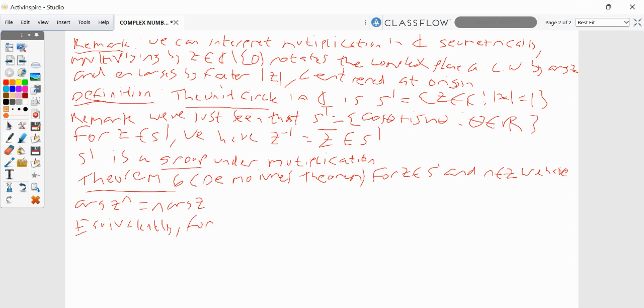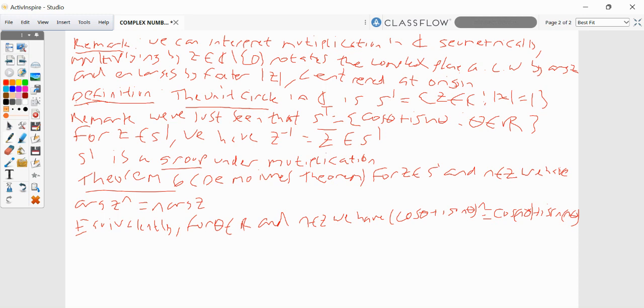We have for theta in R, and n in Z, cos theta plus i sin theta to the power of n is cos n theta plus i sin n theta.